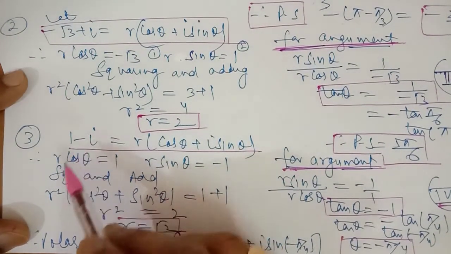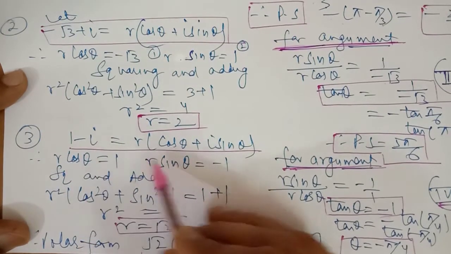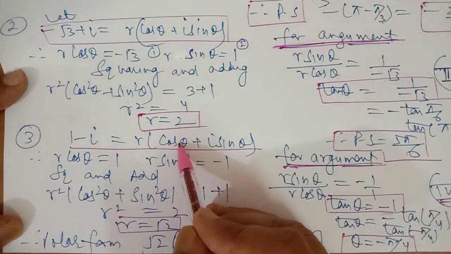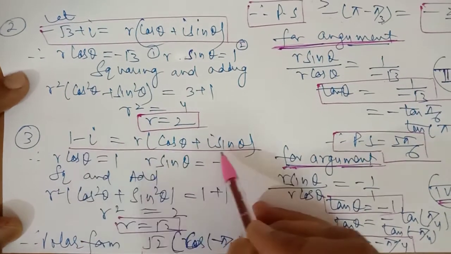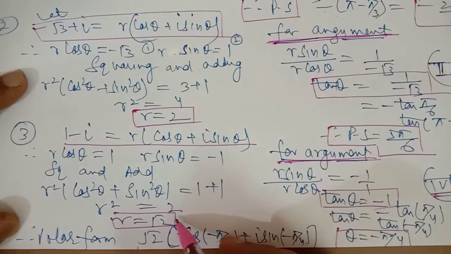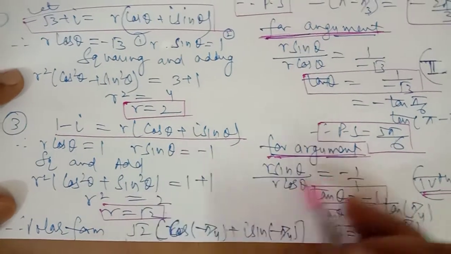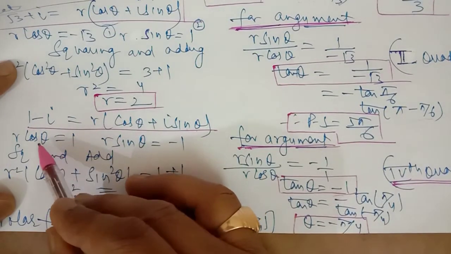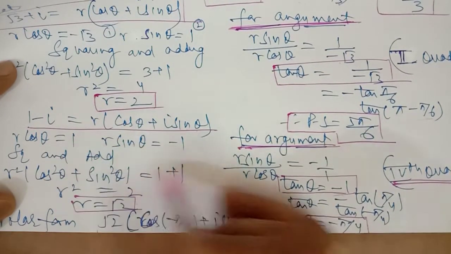Similarly, in question number 3, we have 1 minus i; you put it equal to r cos theta plus i sin theta. Real part with real part, r cos theta is equal to 1 and r sin theta is equal to minus 1. Squaring and adding, you get r, which is the modulus of the complex number. For the argument, as usual, you divide r sin theta upon r cos theta, minus 1 upon 1.